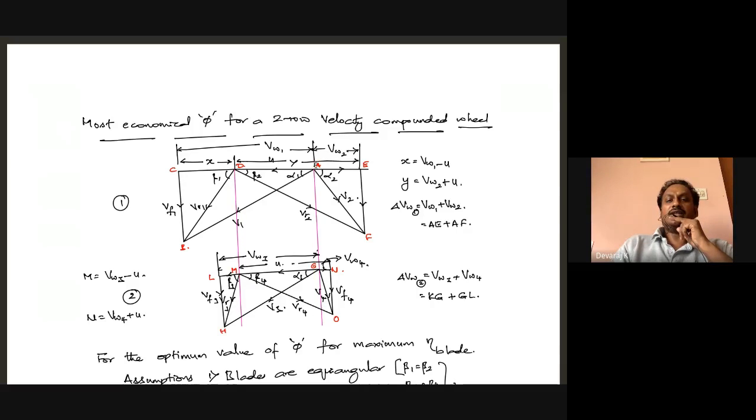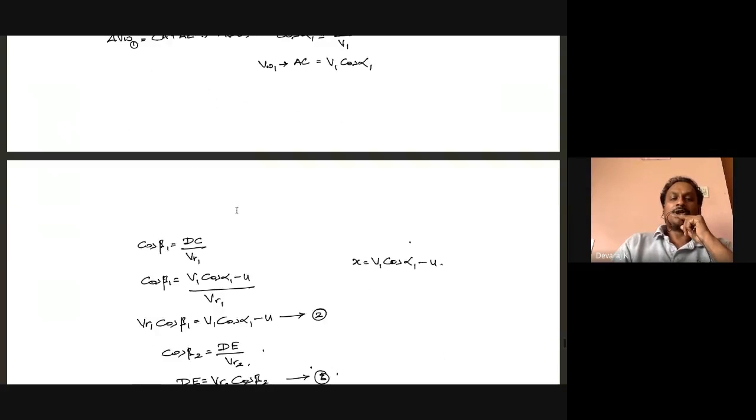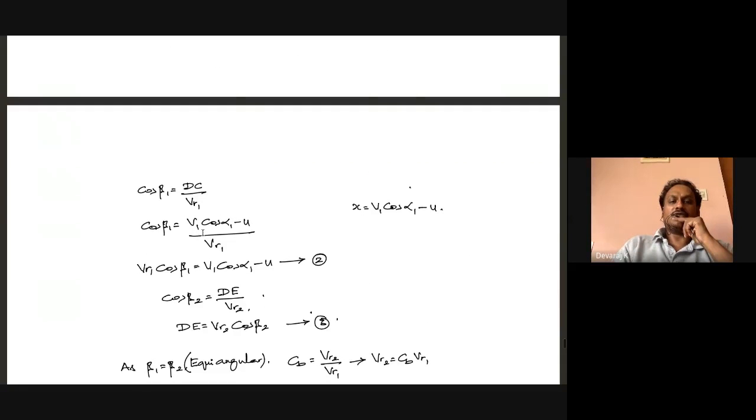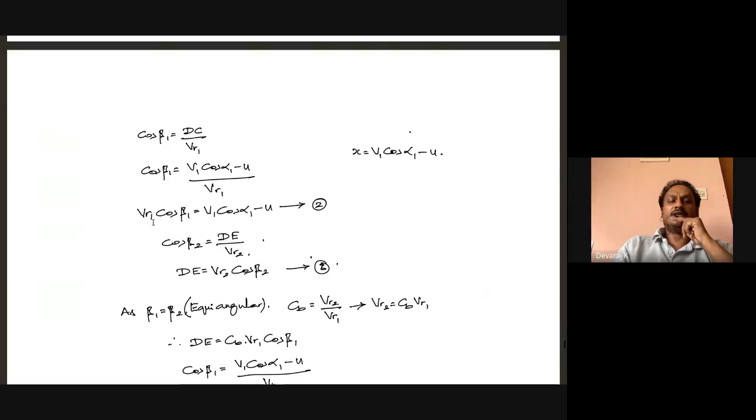So DC is V1 cos alpha 1 minus U. So cos beta 1 is equal to (V1 cos alpha 1 minus U) divided by VR1. If I cross multiply, VR1 cos beta 1 is equal to V1 cos alpha 1 minus U. Let me call that equation number 2.